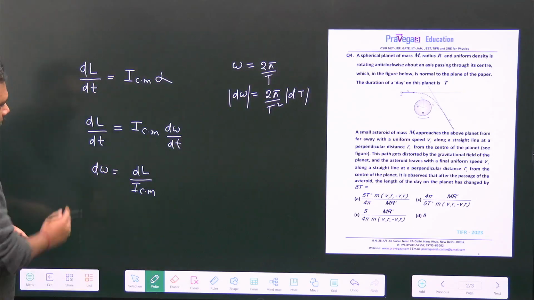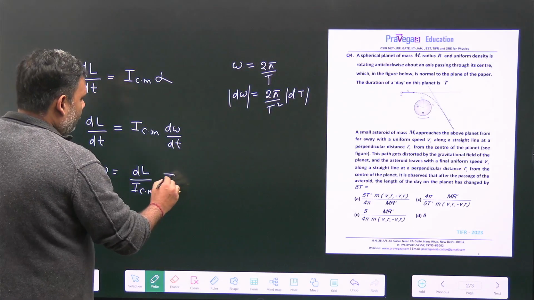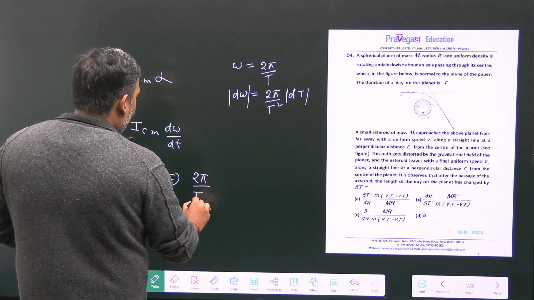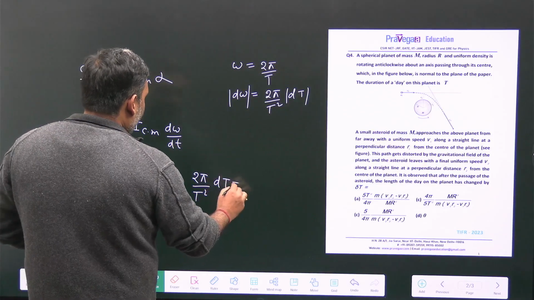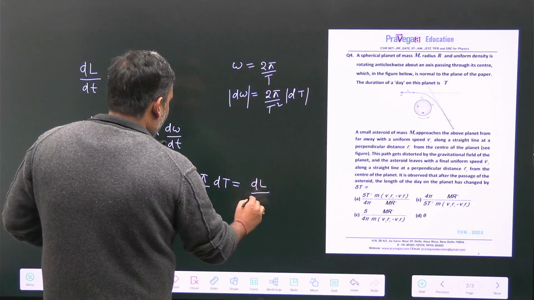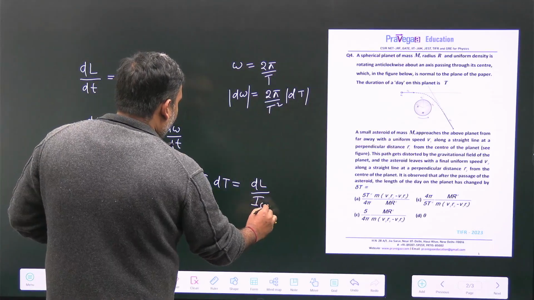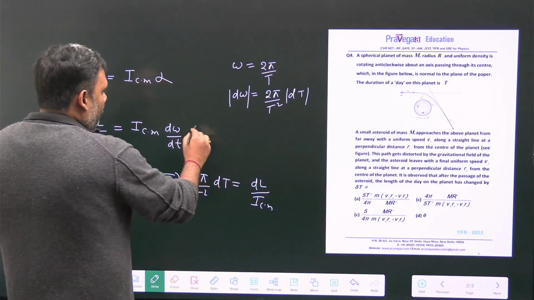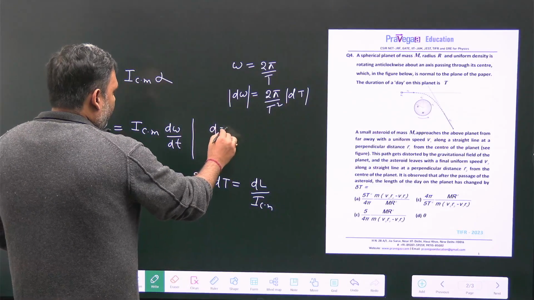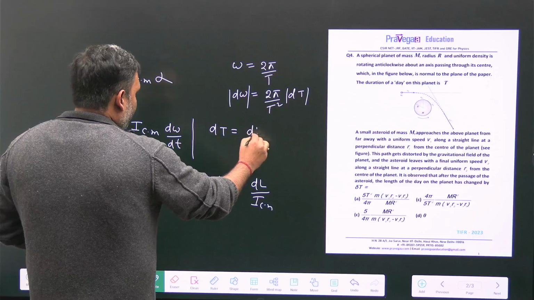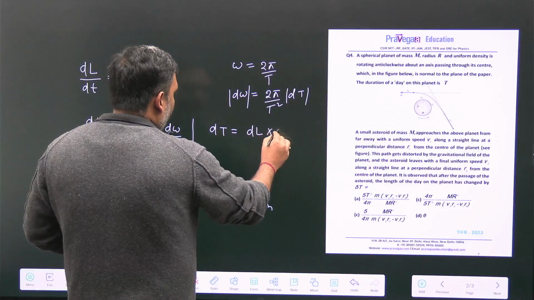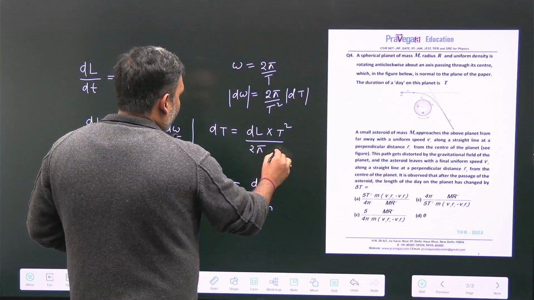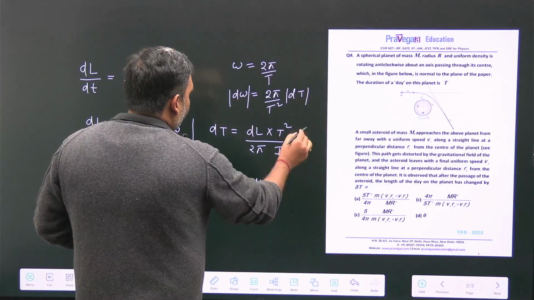So 2 pi upon T square dT is equal to dL upon I_CM. From there, we can write dT is equal to dL into T square by 2 pi into I_CM.